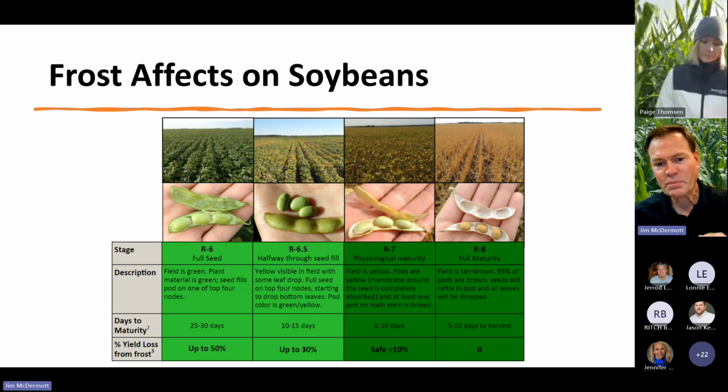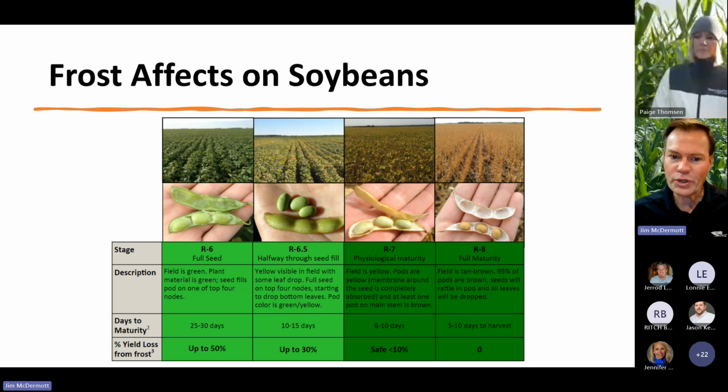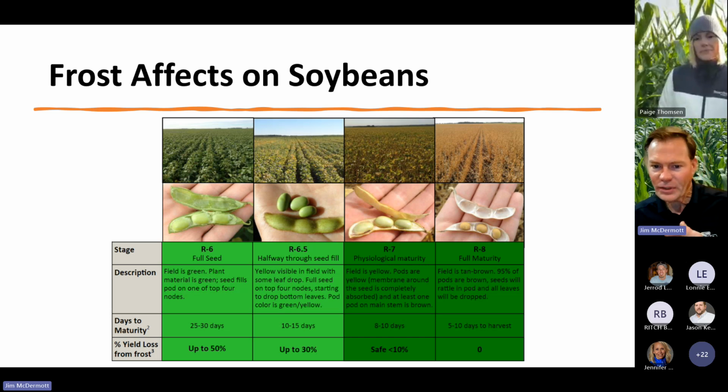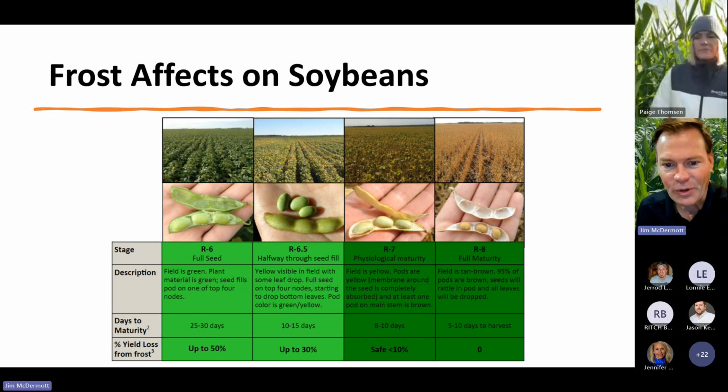And this is one of your freezes, where you're talking 28 degrees, 4 hours, and you're just shutting off any sort of pod fill at that point. And even at R7, when we're getting to physiological maturity, we're basically safe, but if there are some top clusters still trying to fill, we can cut into some yield potential at that point.